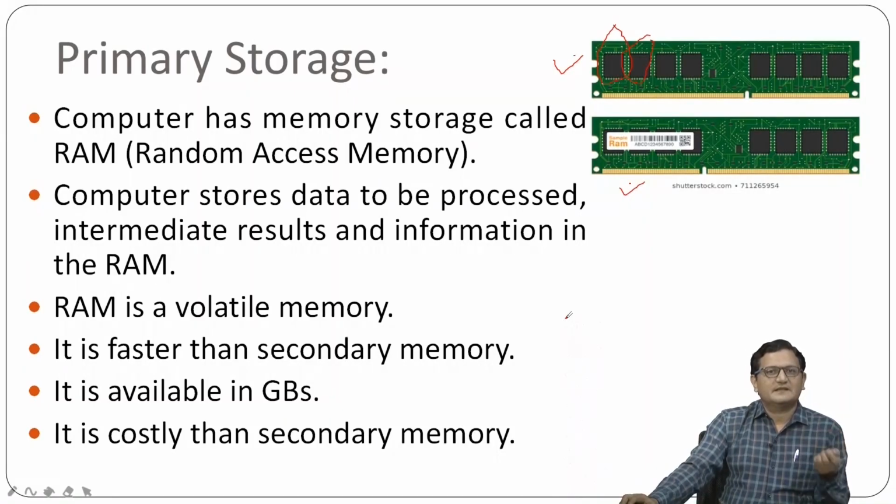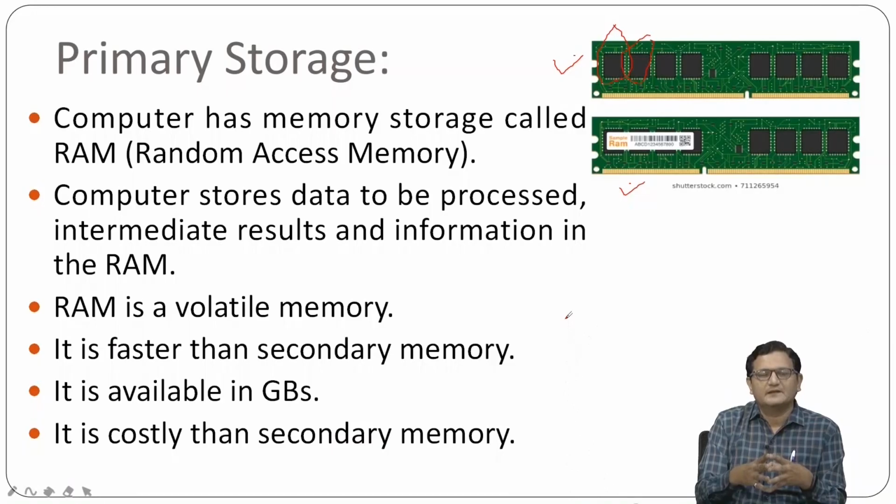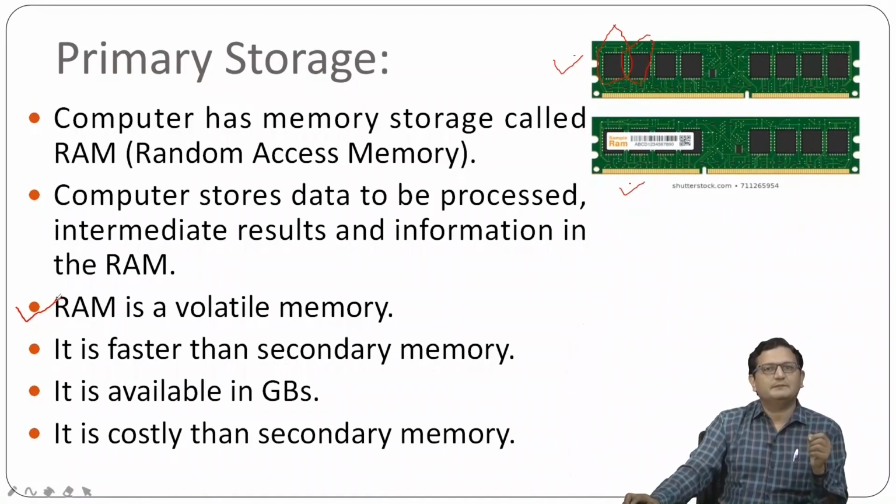Now one question will arise in your mind: sir, if the random access memory is a faster memory, then why should we need to use a secondary memory? The thing is, RAM is a volatile memory, right? Now what is volatile? Volatile means it is dependent on the power supply.